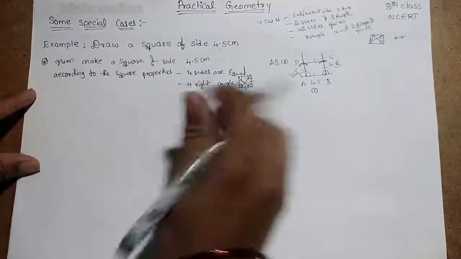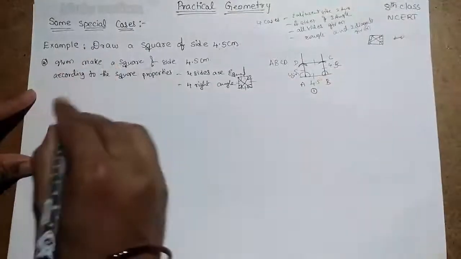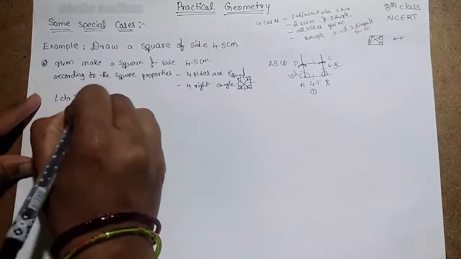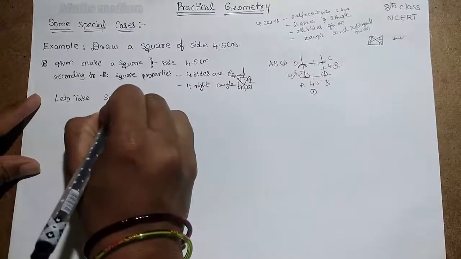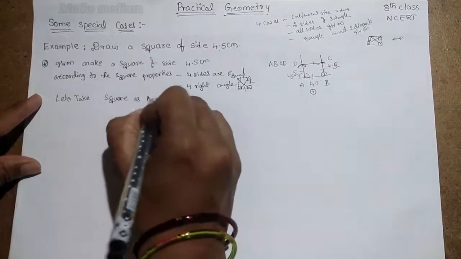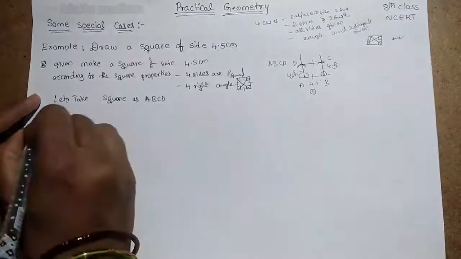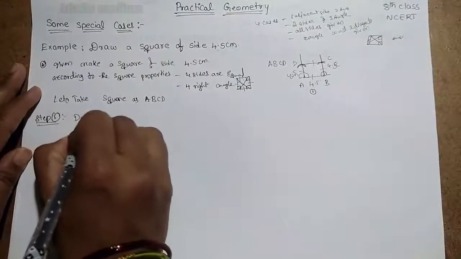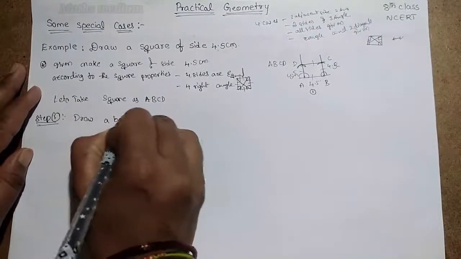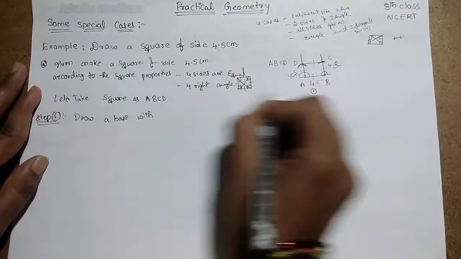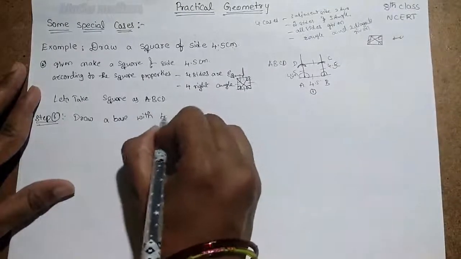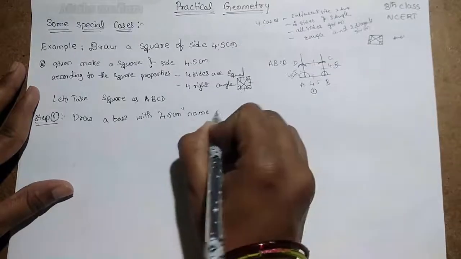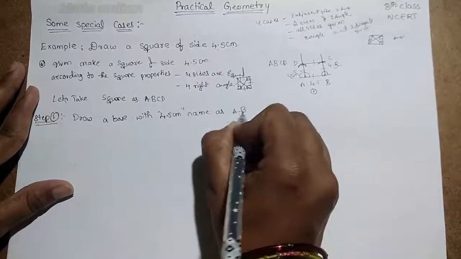First of all, going into the step-by-step procedure, we have to name the square. So let's take square as ABCD. Step 1. So step 1, here draw a base, here we take AB with the 4.5 centimeters, name as AB.